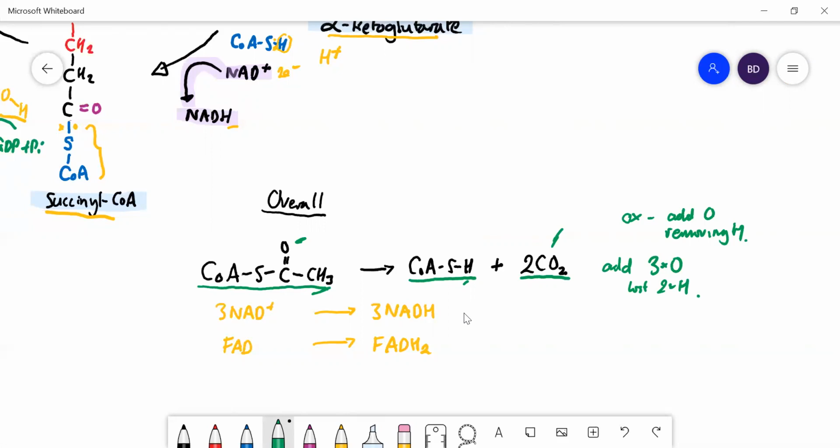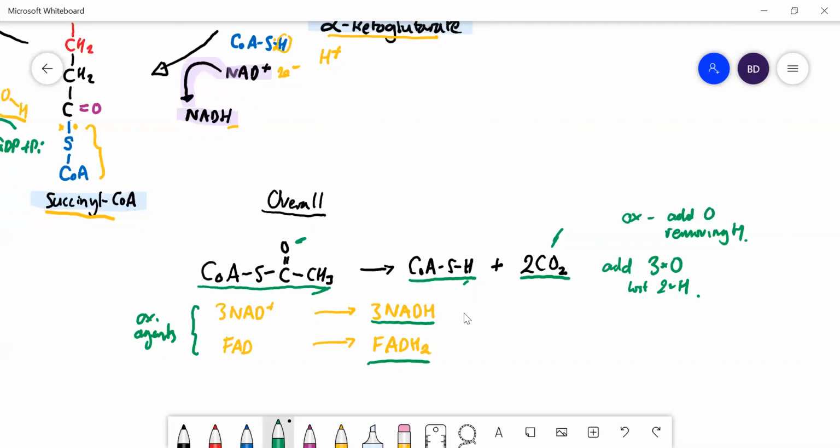Now, if you oxidize something, you need oxidizing agents, and these are the oxidizing agents. And of course, the oxidizing agents are NAD plus and FAD, flavin adenine dinucleotide. They get reduced to NADH and to FADH2.